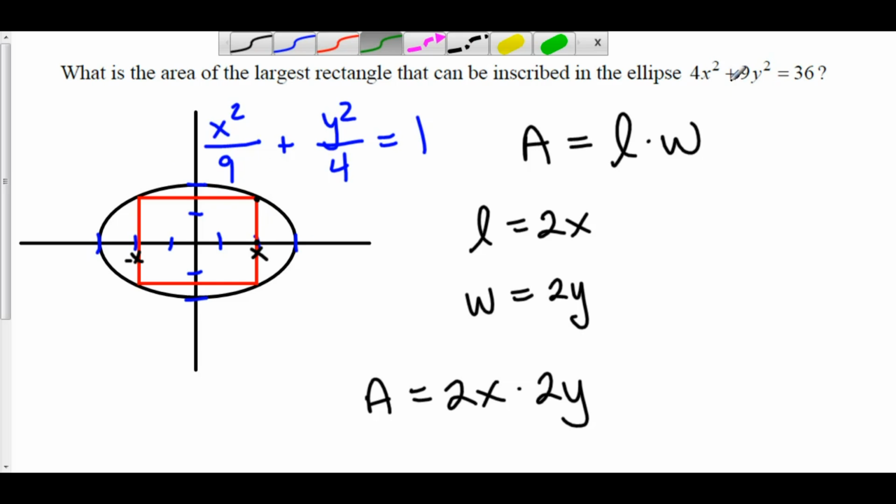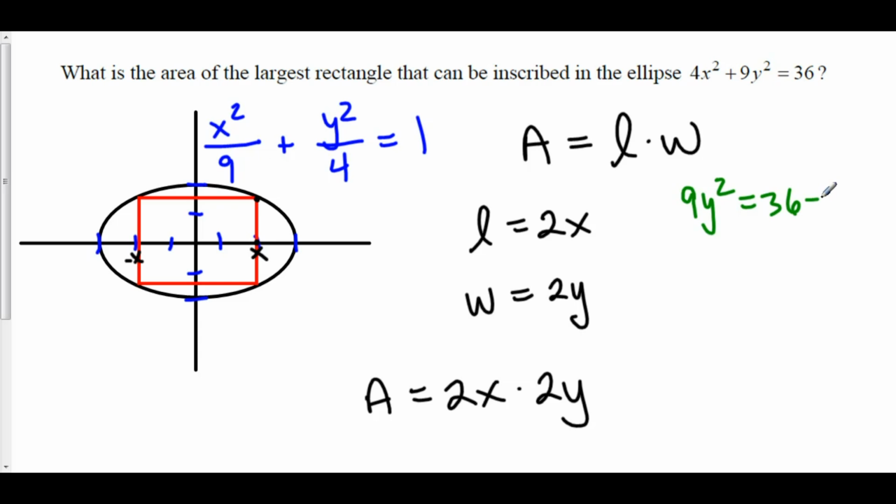So we can subtract 4x squared, so we have 9y squared is equal to 36 minus 4x squared. Divide everything by 9, and we have y squared is equal to 36 divided by 9, which is 4, minus 4 over 9 x squared.